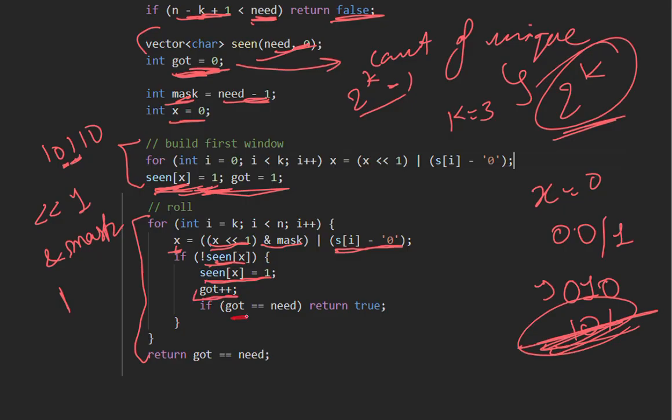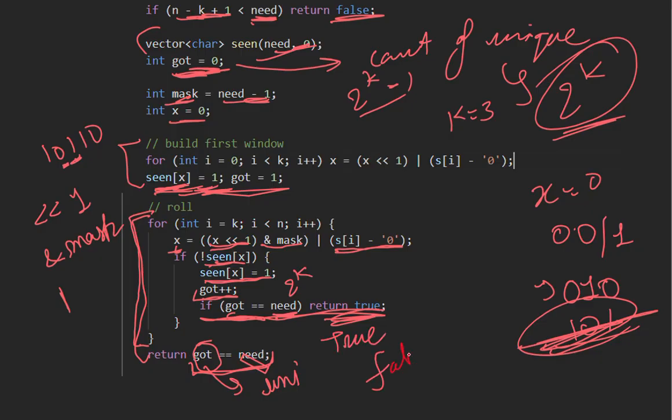And if the count is equal to our requirement, that is 2 to the power k, then we return true, right? And suppose our loop is completed and this condition is not fulfilled somewhere in between, then we check at the end whether the number of unique numbers that we get is equal to need. If the condition is satisfied, it will return true, else it will return false.